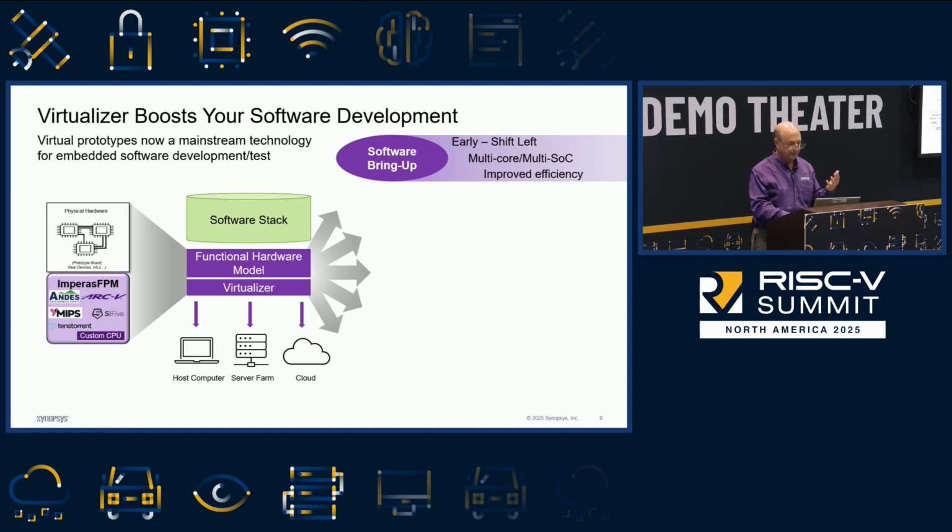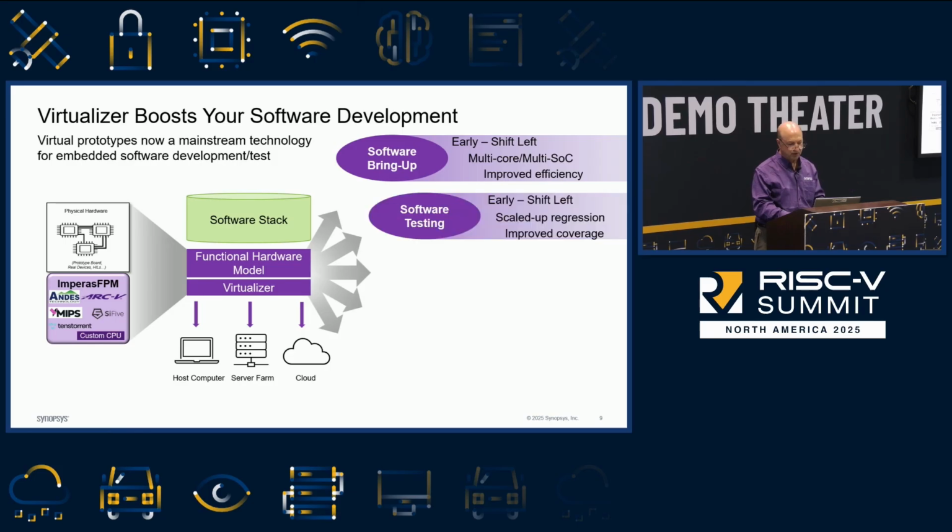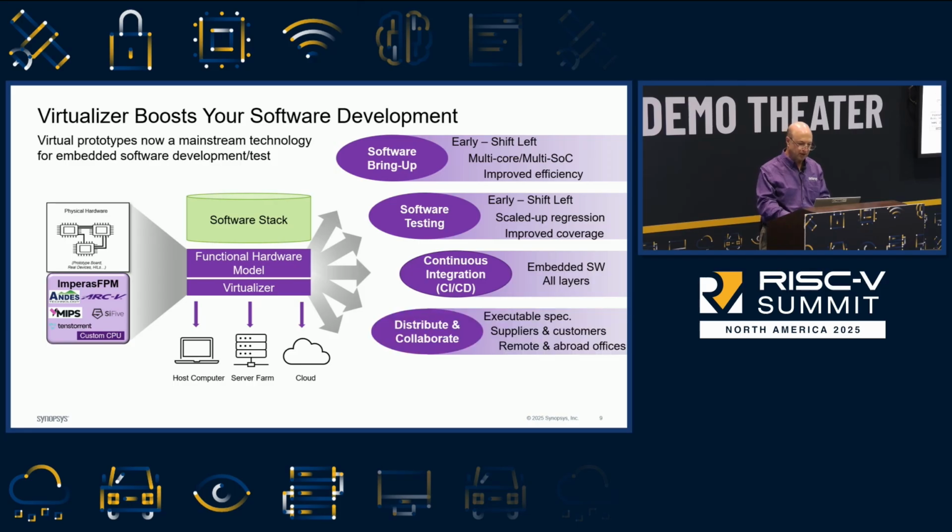So it helps not just on the schedule side of things, but also with multi-core, multi-SoC platforms. It helps with software testing. These virtual prototypes are easy to integrate into a CI/CD environment so that you can automate your testing. That's pretty standard now on the software side.